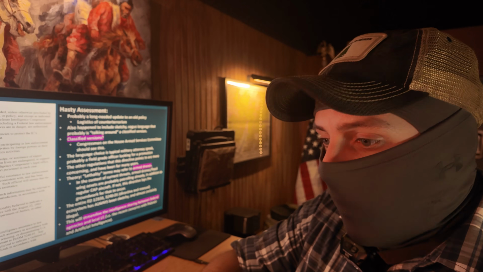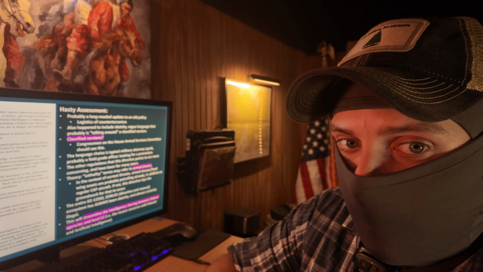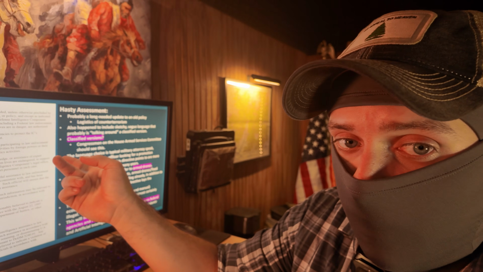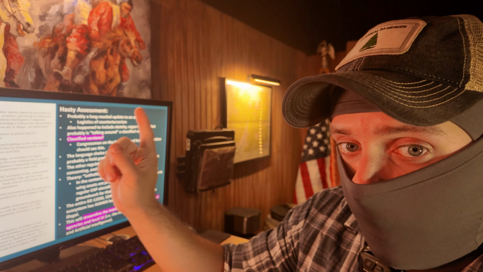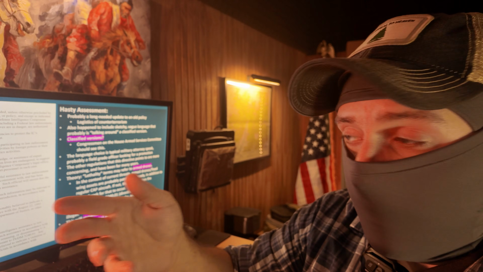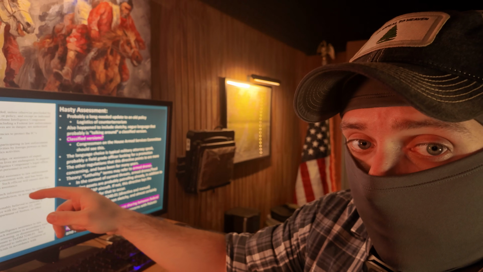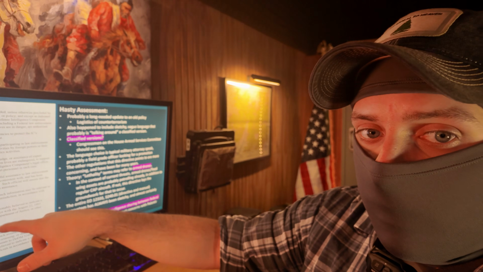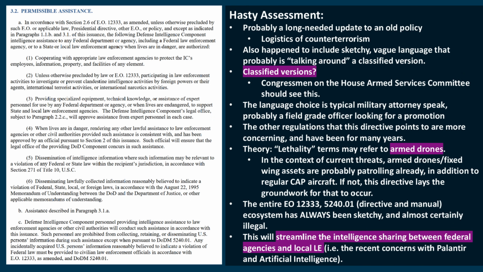So what is the biggest threat to this right now? Because this document was published, am I going to worry about my local police department striking my house with a Hellfire? Not right now, because if they're going to do that, they're already going to do that. But mostly, the biggest concern that I have is scrolling back a little bit in this document. Hit Control F for the word lethal and read the paragraph that came before this, paragraph 3.2, which is an entire page showing the permissible assistance.